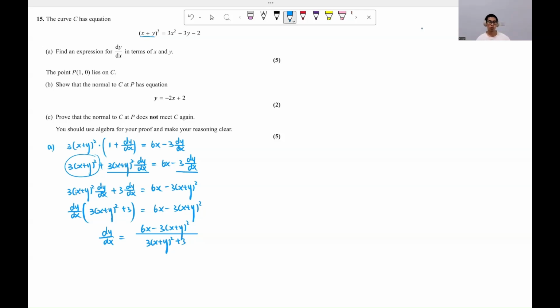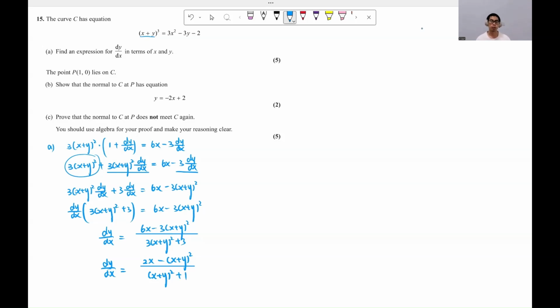And all of them have common factor 3, so we can divide by 3 for both top and bottom to make it simpler. So 6 divided by 3 is 2, so 2x minus (x + y)^2 over (x + y)^2 plus 1.